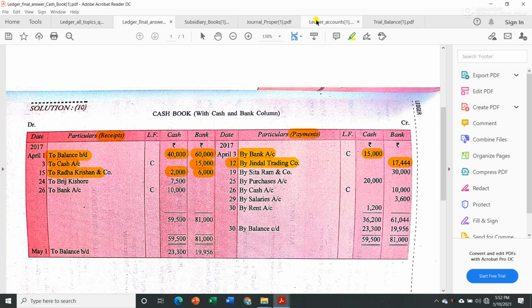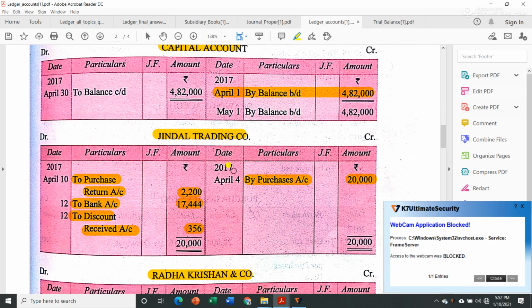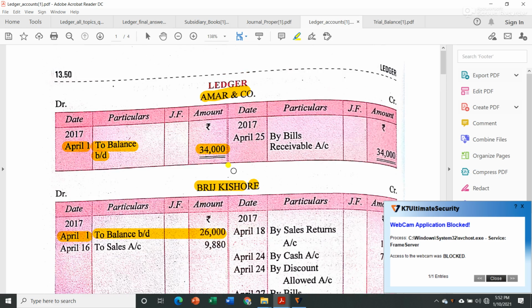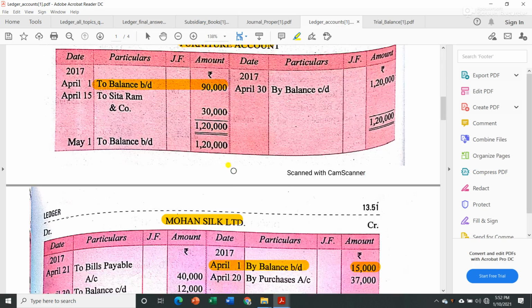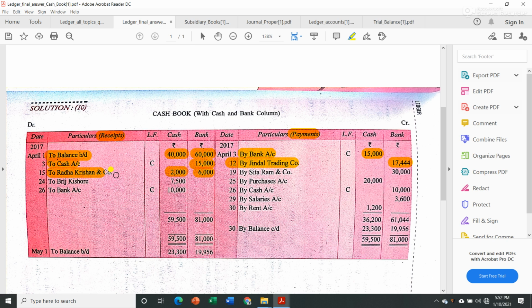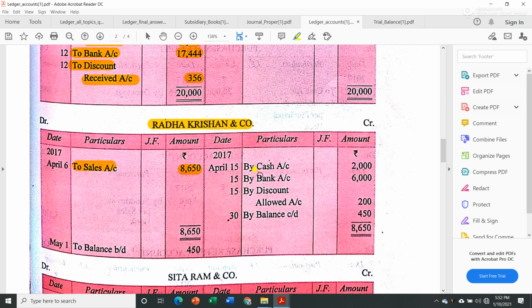Now let us move into the ledger account. Since it is Radhakrishnan and Company's account, let us see where it is. Here, Radhakrishnan and Company's account, appearing on the debit side. So in the ledger accounts we will write in the credit side by cash account, by bank account, 2,000 and 6,000.